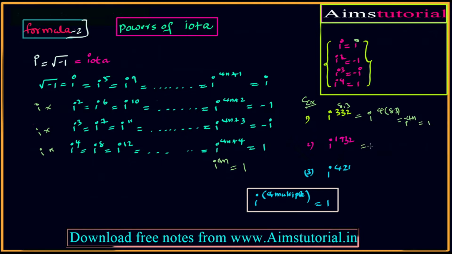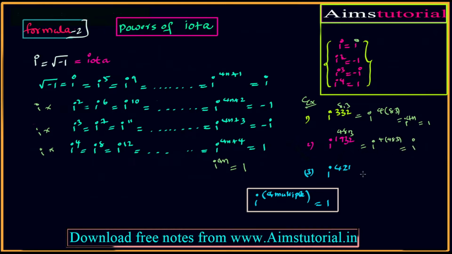Now what about i power 1932? If you take 4 common, 4 4s are 16, 3 remains, 33; 4 8s are 32, 1 remains. Again, this one also we can write as 4 times 483, so this is also 1.